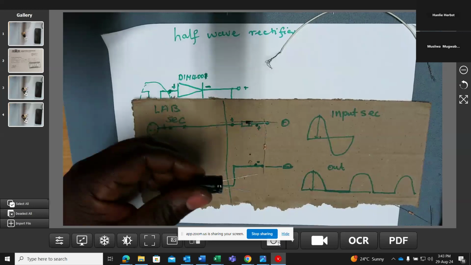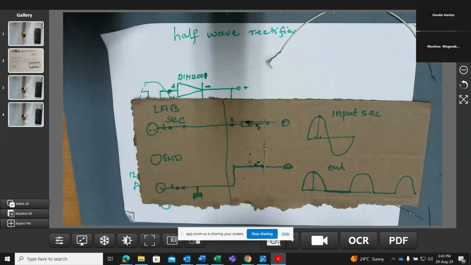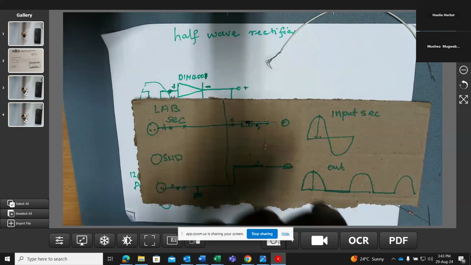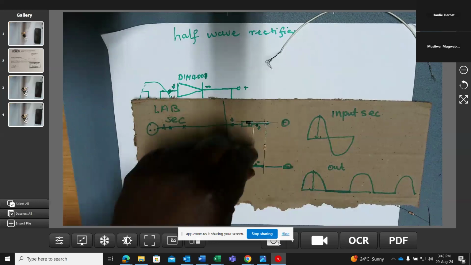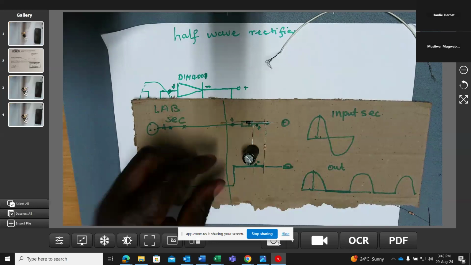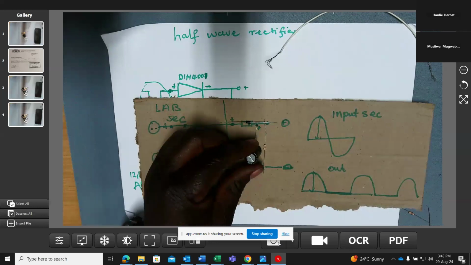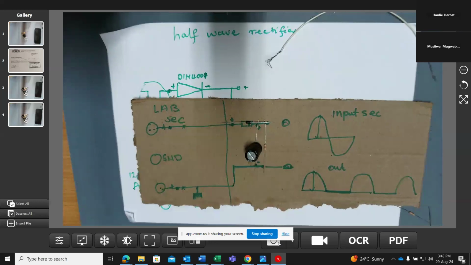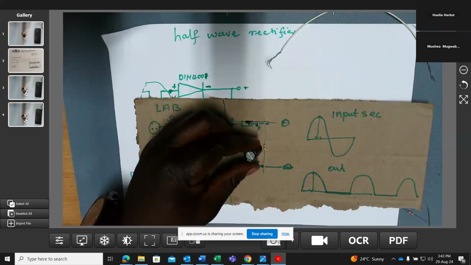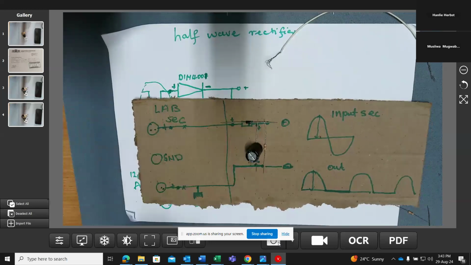Then I'm going to take my capacitor and bend it a bit. I must not disconnect its internal connection. If I put it down like this, you will see that the longer leg is connected where the positive is, and the shorter leg is connected where the negative is.